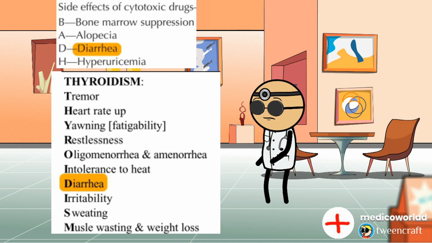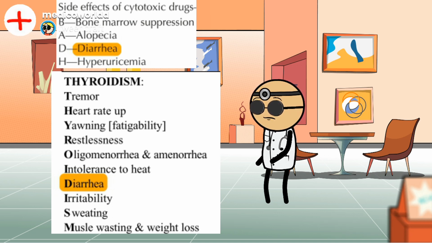You can remember it as THYROIDISM. T for tremor, H for heart rate up, Y for yawning fatigability, R for restlessness, O for oligomenorrhea and amenorrhea in females, I for intolerance to the heat, D for diarrhea, I for irritability, S for sweating, and M for muscle wasting and weight loss.